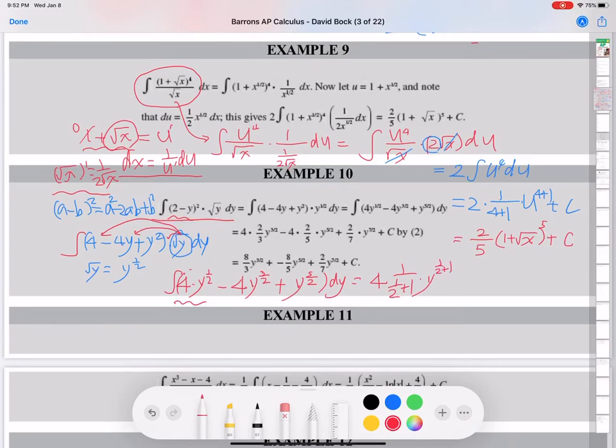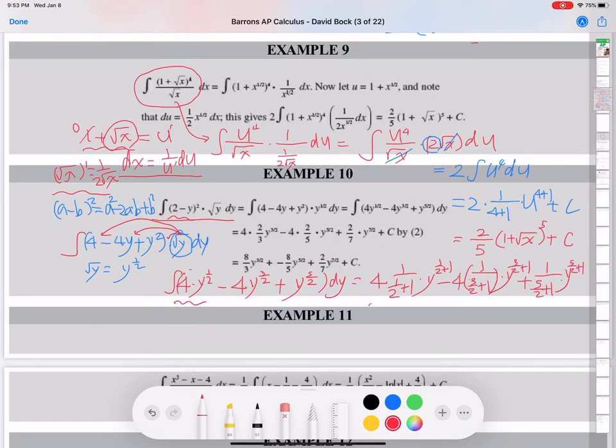Second term, negative 4 is the coefficient, and then n is 3 over 2, so 1 over 3 over 2 plus 1 times y to the 3 over 2 plus 1 power. And the last term is what? y to the 5 over 2 power, right? So n is 5 over 2, so 1 over n plus 1 times y to the n plus 1 power.